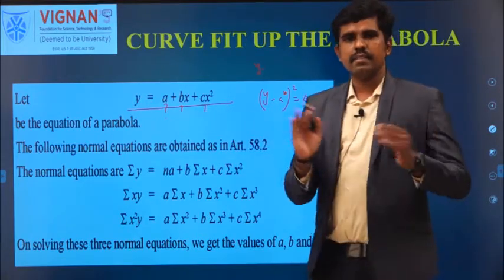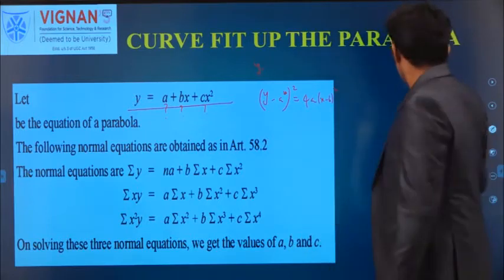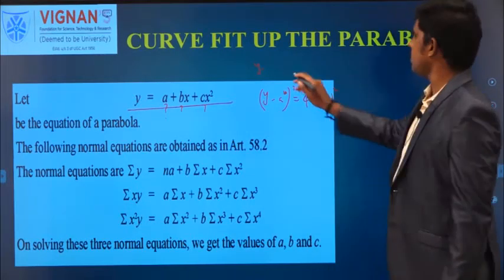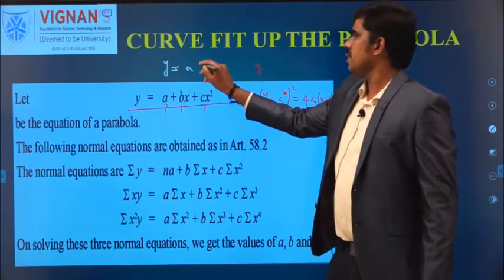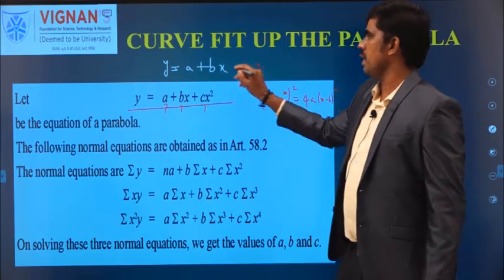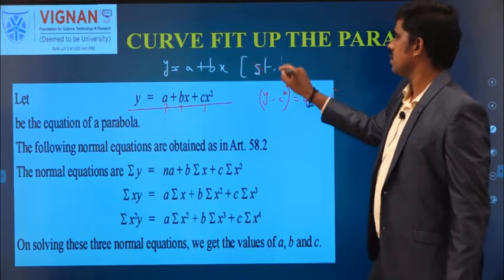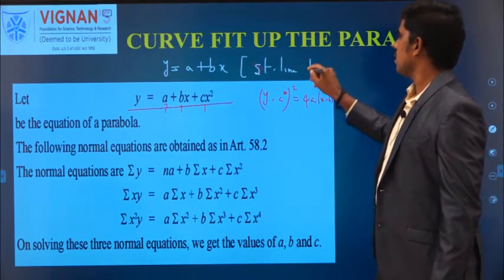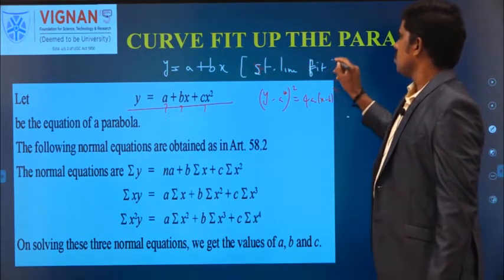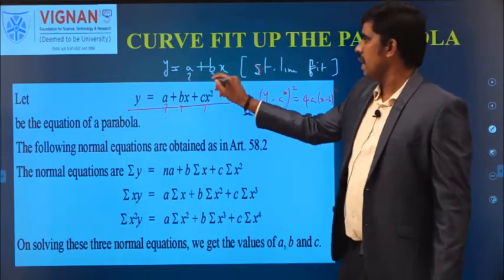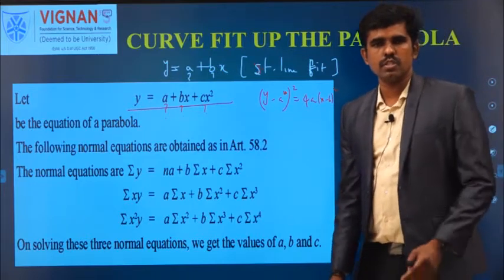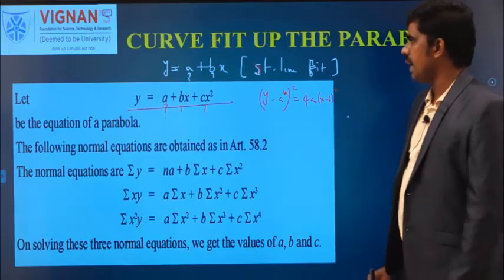In the previous method, we had to fit a straight line, which means a plus bx, which is the straight line fit. In that case we needed to find the a value and b value. By using normal equations we found the values of a and b.